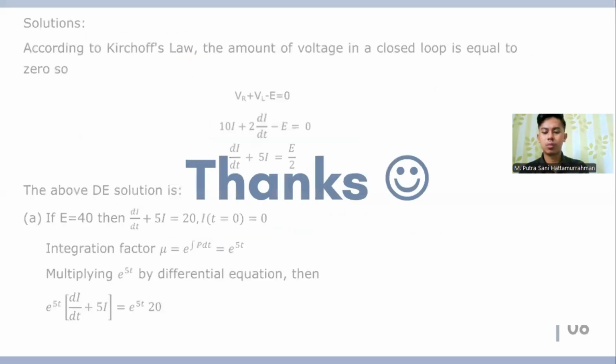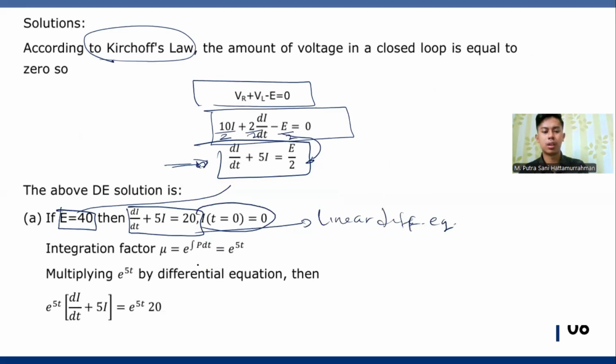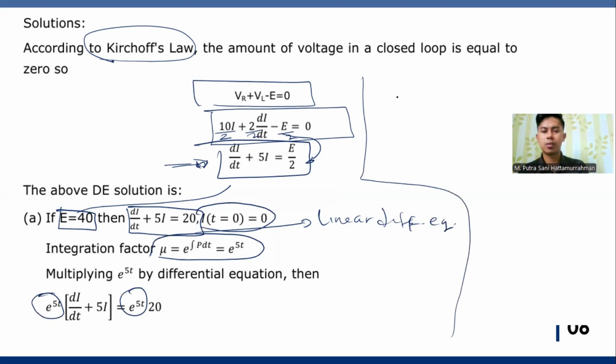If you want to solve this equation, as I said before, you can multiply both sides by the integration factor with the formula like this, and then also multiply the right side by the integration factor. I usually use the second way.